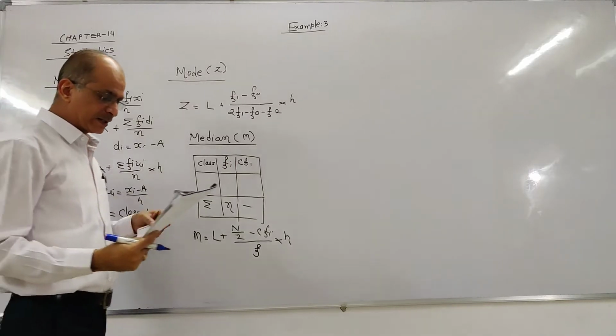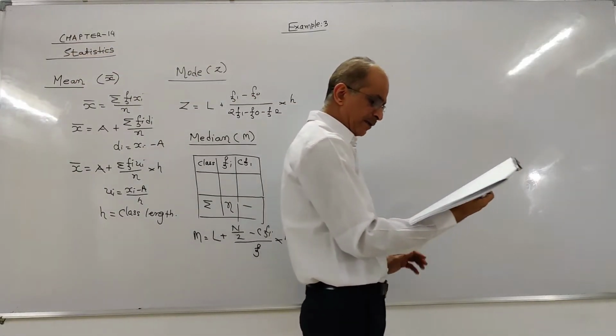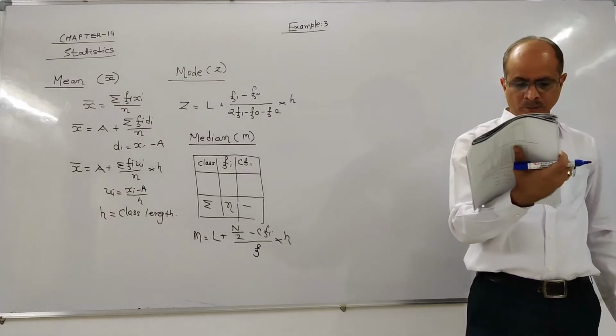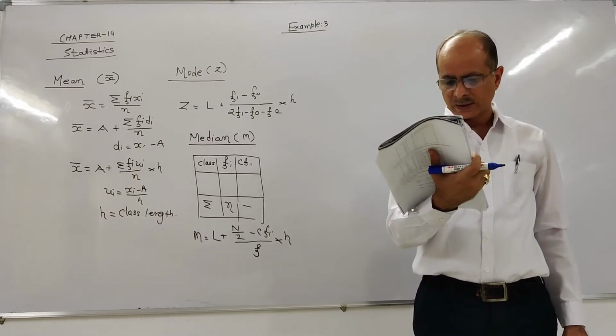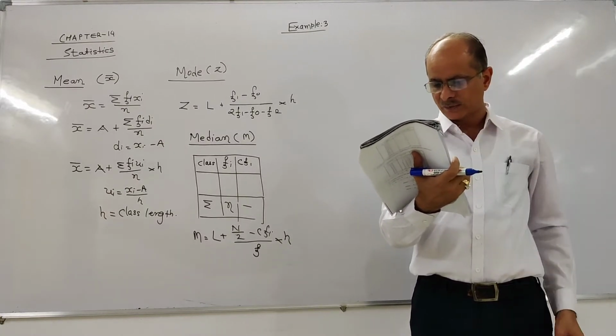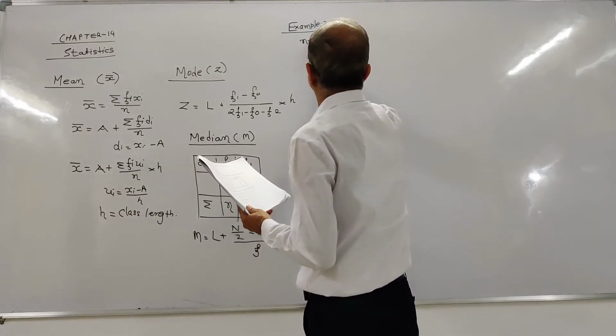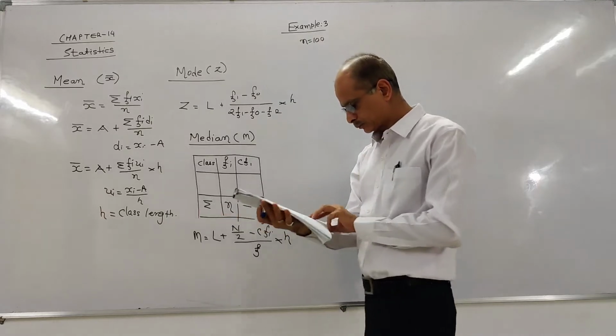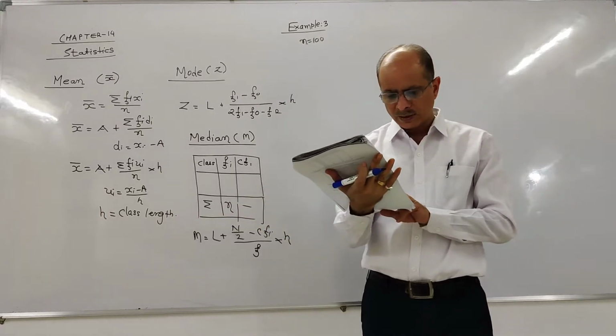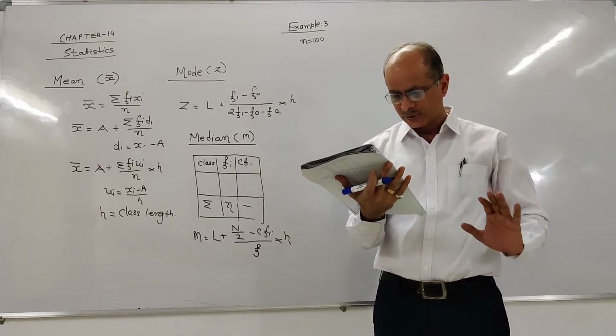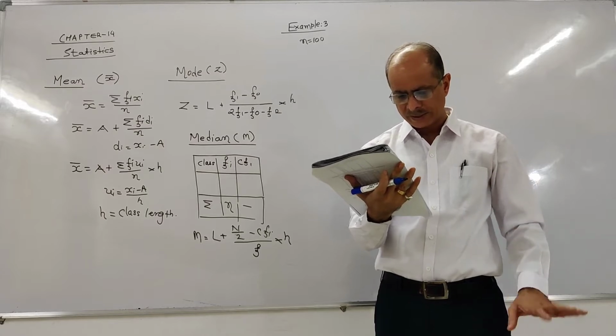Let me read this example first. A life insurance agent found the following data for the distribution of ages of 100 policy holders. So friends, here n is equal to 100.